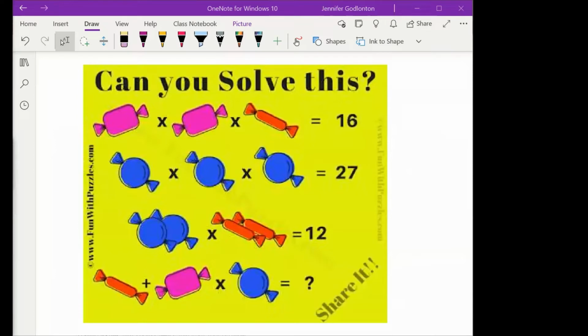Don't stress. 17, no. 25, no. 21, no. 24, no. 4 plus 2 times 3, no. The only thing that's right there is your 3. 4 times 2 times 2, no. 30, no. 14, no. 15, no.